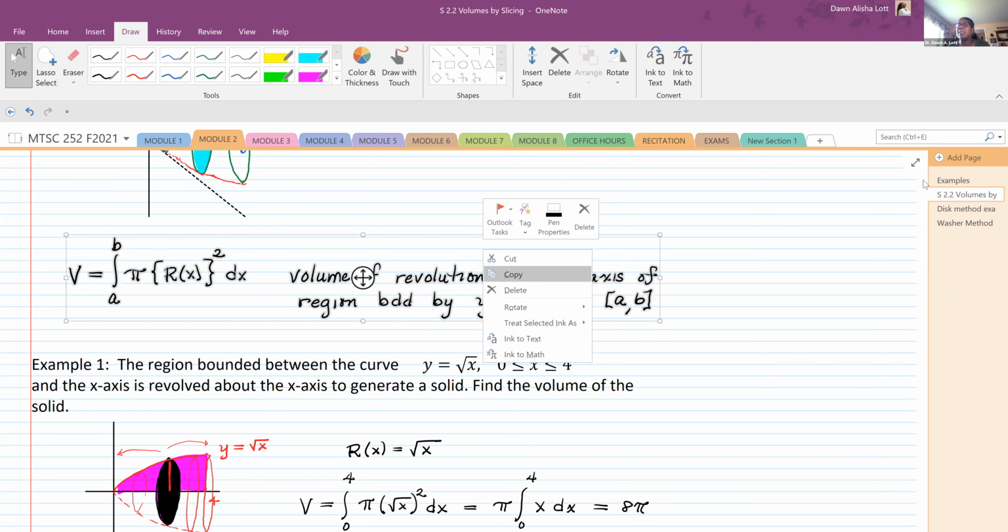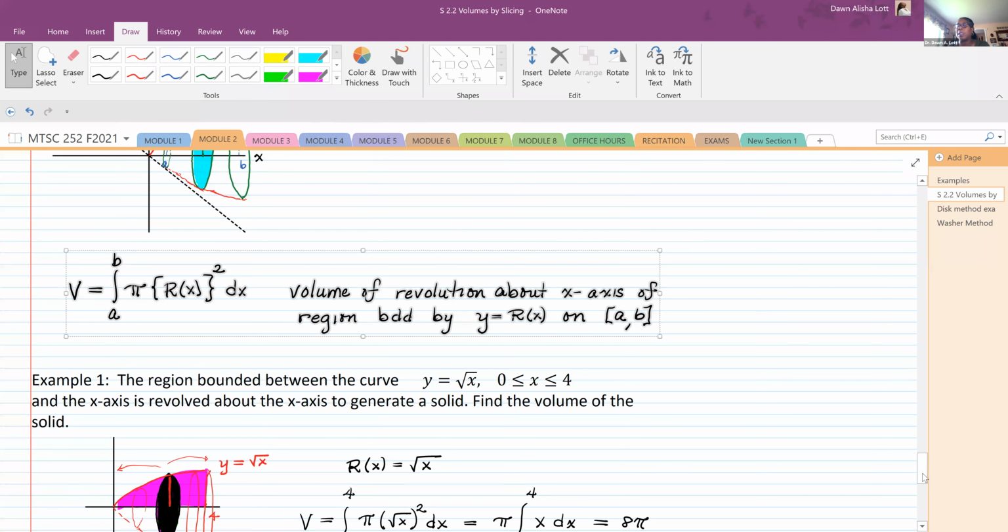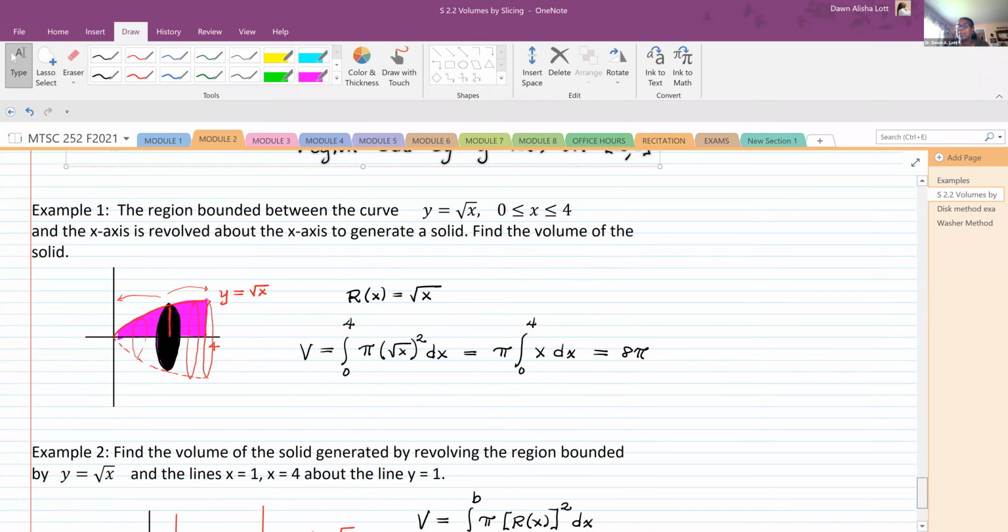So what happens if I'm going to revolve something about the y-axis?